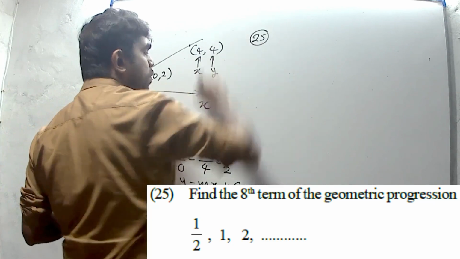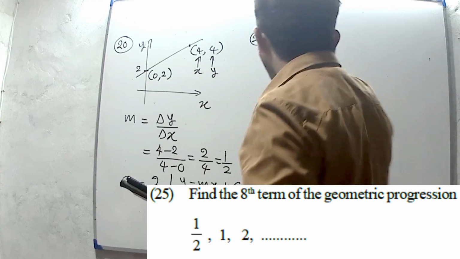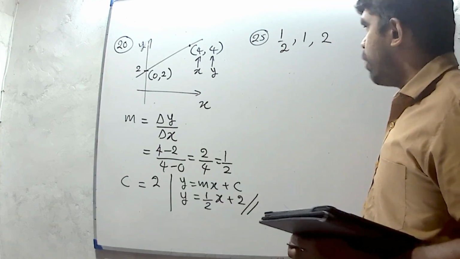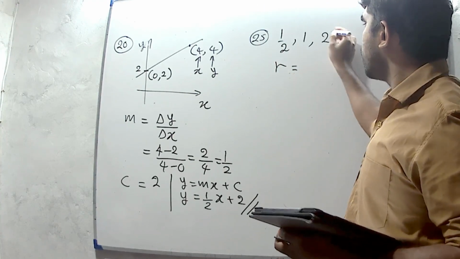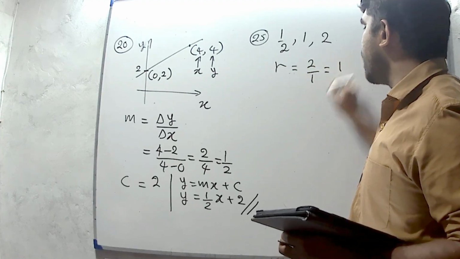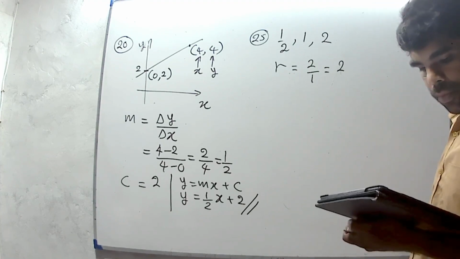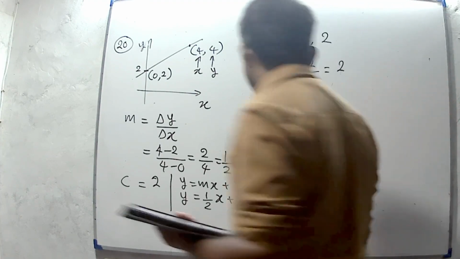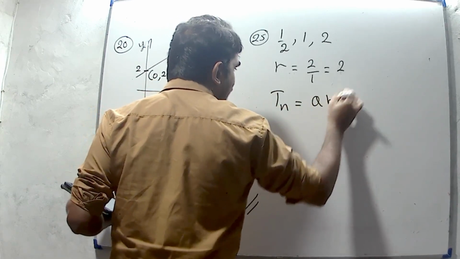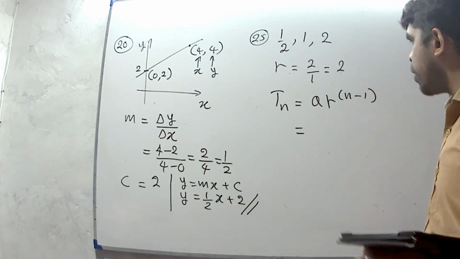Question number 25. Find the 8th term of the geometric progression: half, 1, 2. We can get the common ratio by dividing the third term by the second term, 2 divided by 1, which is 2. Common ratio is 2. Then we write the equation for the nth term of a geometric progression: Tn equals a r to the power n minus 1. Then we substitute values.